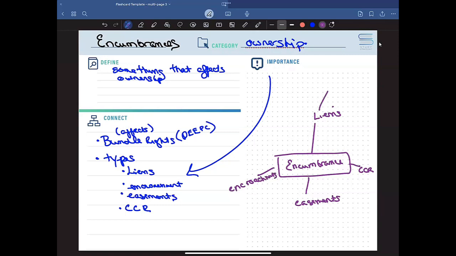And then with my liens, I would say, you've got specific, and then you've got general, but we could also talk about them as voluntary versus involuntary. And then we could talk about easements. Your type of easement could be appurtenant, or it could be an easement in gross.